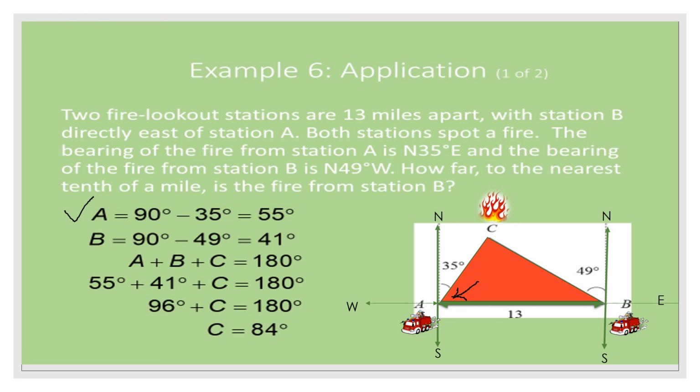So we can also find B by subtracting it from 90, and we can find C by using the fact that the sum of angles in any triangle is equal to 180.